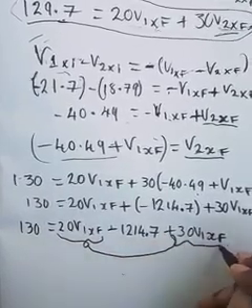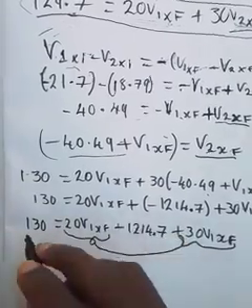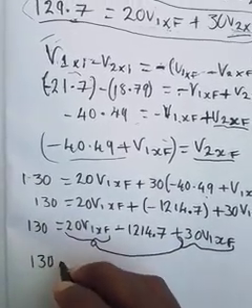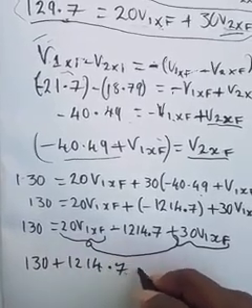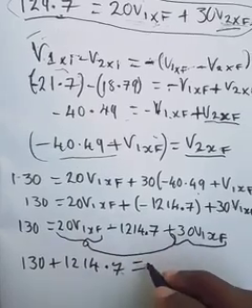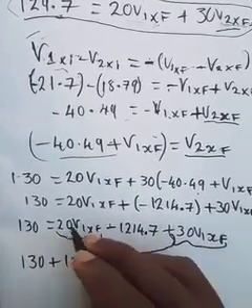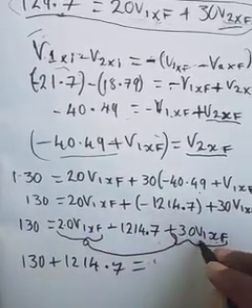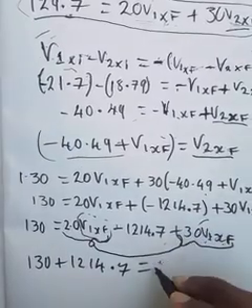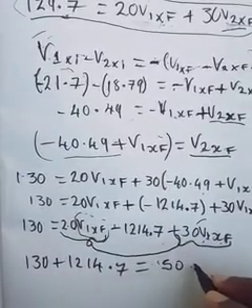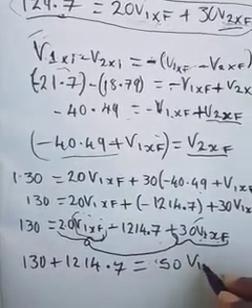So we can add them. This one I'll take here, so I'm going to have 130 plus 1214.7, the sign has changed, and here I'm going to remain with this plus this. These are like terms, they have the same things here, so you add them. It's going to be 50 V1xf.